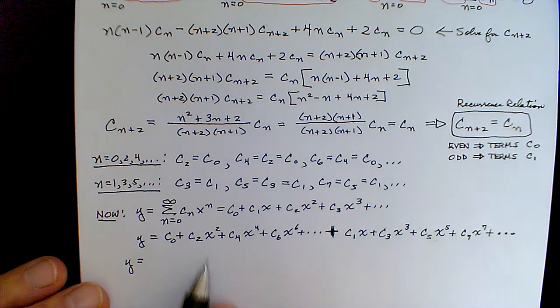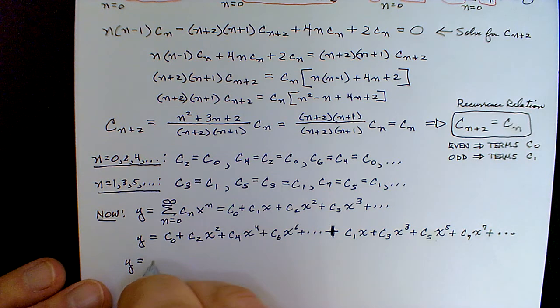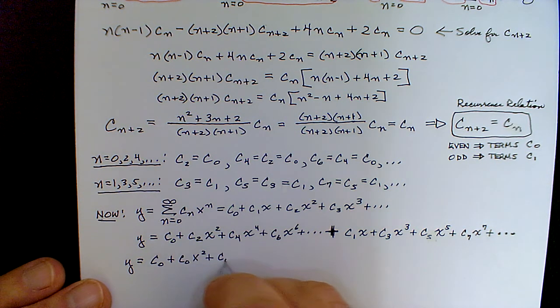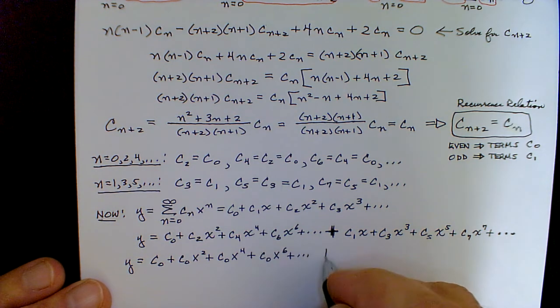Okay, but all the c sub 2s, 4s, 6s, and 8s, and so on are c sub 0s. So we've got c sub 0 plus c sub 0 x squared plus c sub 0 x to the 4th plus c sub 0 x to the 6th, and so on.